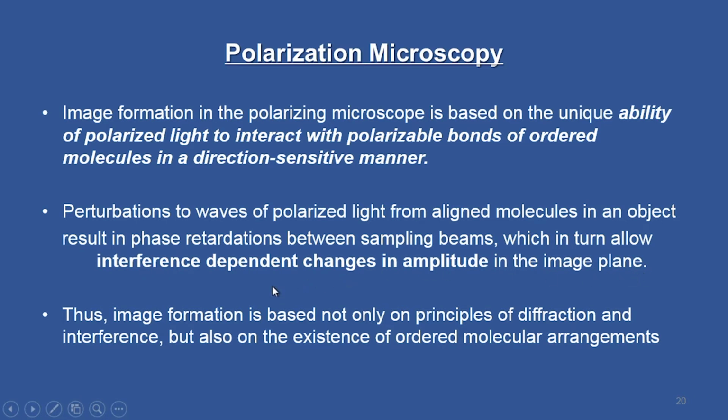So, I will read it again. The perturbations to the waves of polarized light from the aligned molecules in an object result in phase retardations between the sampling beams, which in turn allow interference dependent changes in amplitude in the image plane. Thus, image formation is based not only on the principles of diffraction and interference, but also on the existence of ordered molecular arrangements.